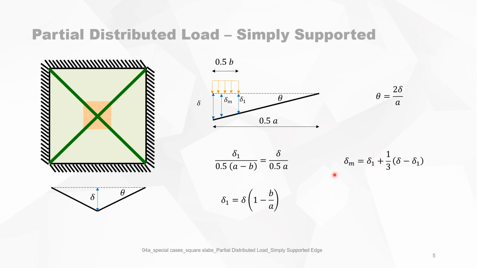So that's the delta m, and delta m can then be simplified to this expression. So bear in mind, delta m is the mean deflection of this portion of the slab, which is loaded. So this does not count. It is the portion which is loaded, assuming that in the center the deflection is delta, and on this side, it's 0.